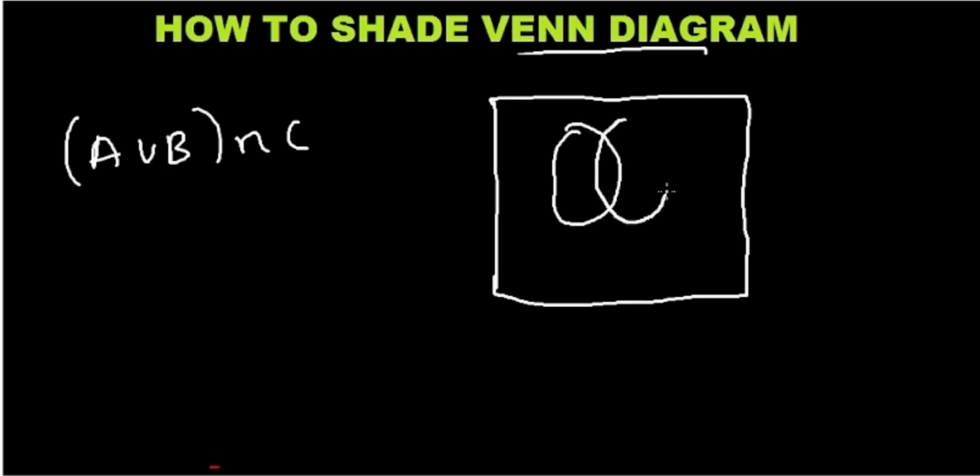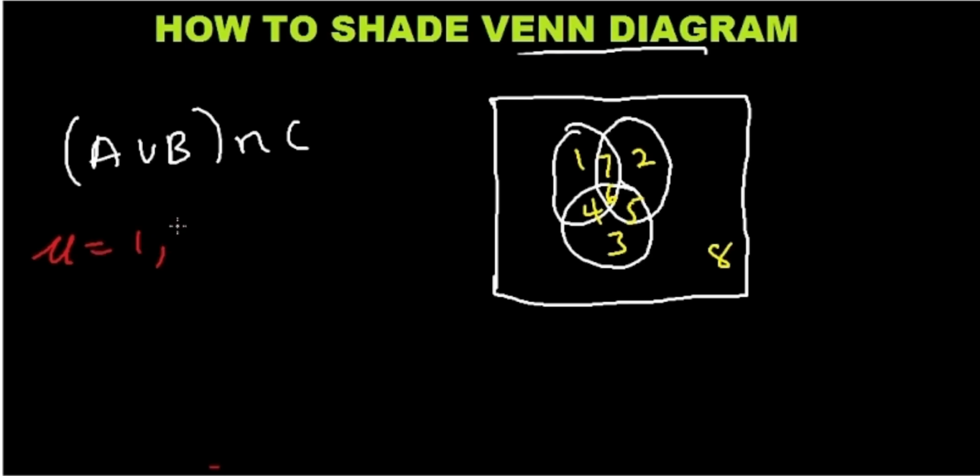This, and this. 1, 2, 3, 4, 5, 6, 7, 8. So my universal set is 1, 2, 3, 4, 5, 6, 7, and 8.